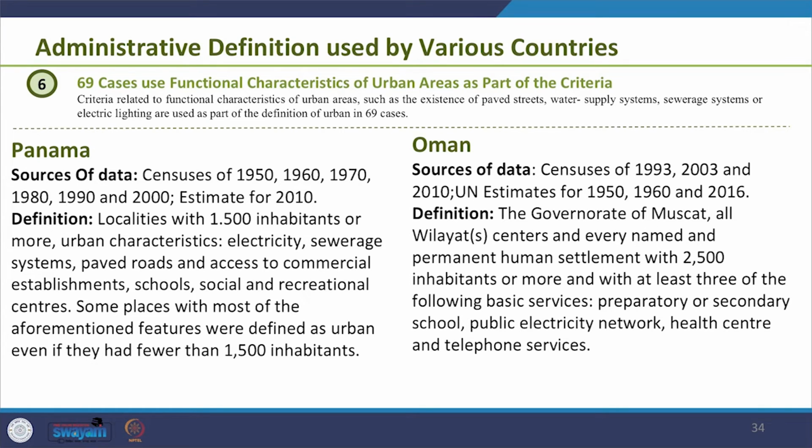Likewise, we see Oman is another example, which says with at least 3 of the following basic services: preparatory or secondary school, public electricity network, health center, and telephonic services.